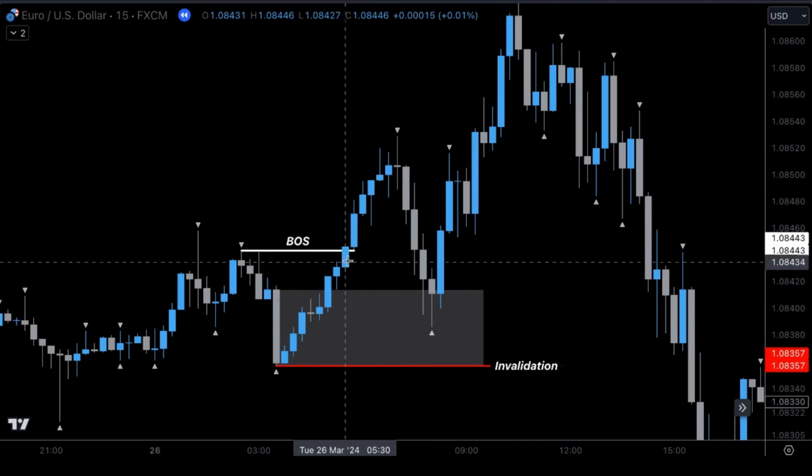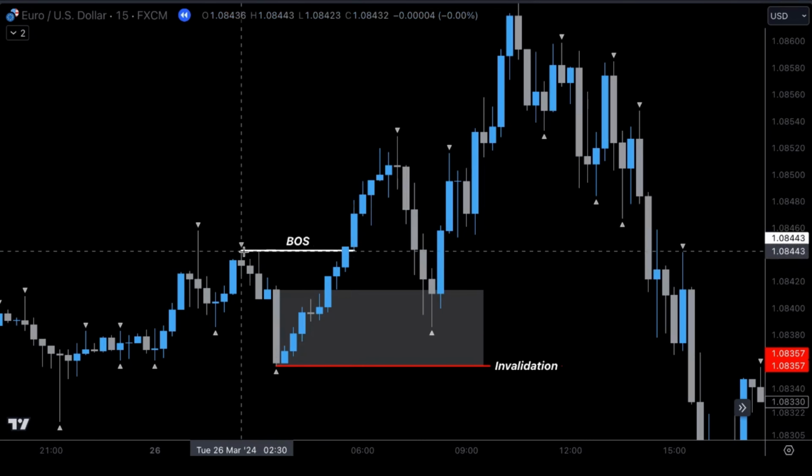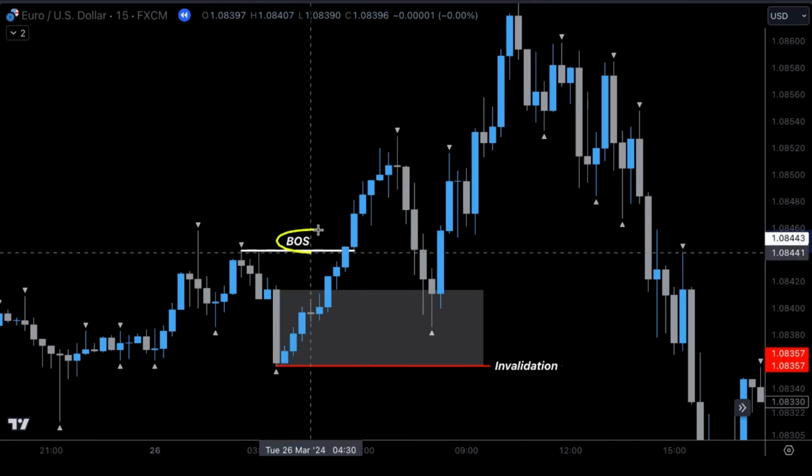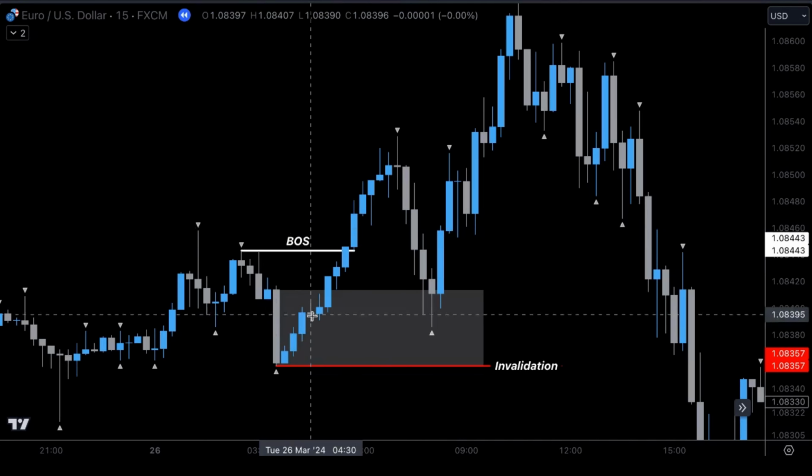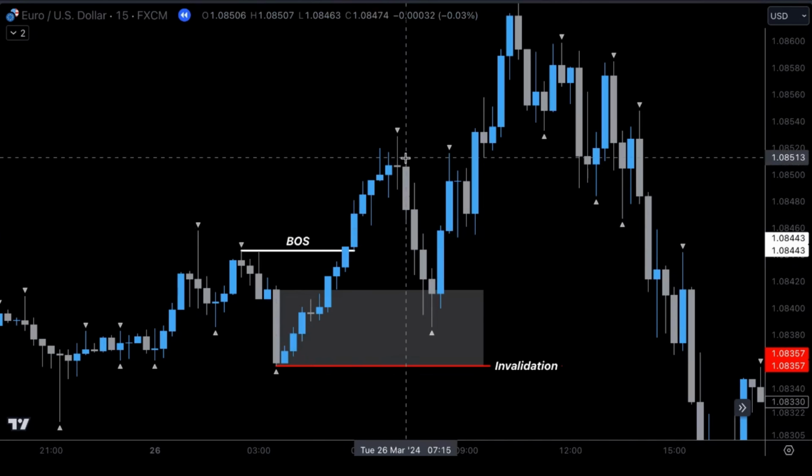Once we close above this fractal high, we can mark this on as a break of structure. That indicates to us as traders that the momentum is shifting to the upside. Therefore, we are entering an uptrend, and it's more likely now that price will continue to the upside.